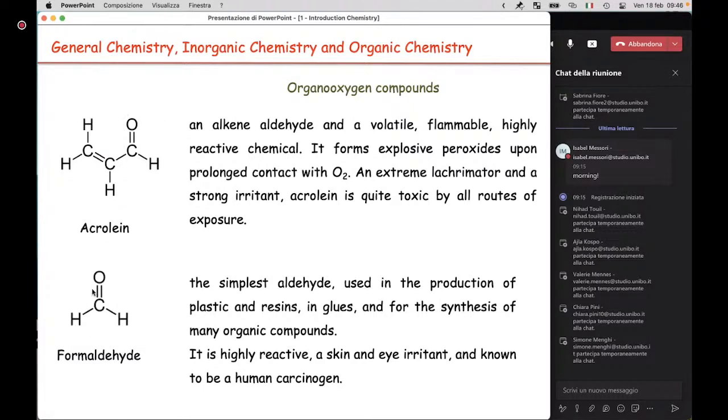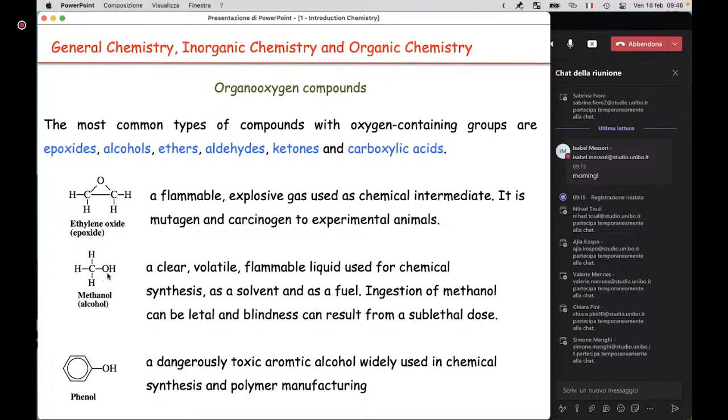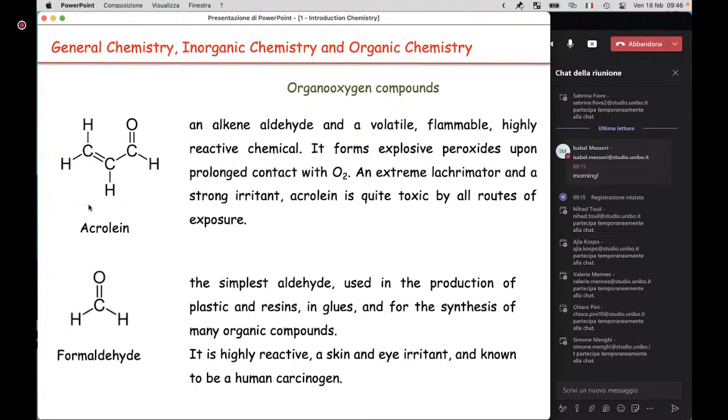Again, this is due to the fact that aldehydes are relatively reactive. They are not very stable, because the double CO bond is quite weak, and it can easily open to produce, for example, alcohols.